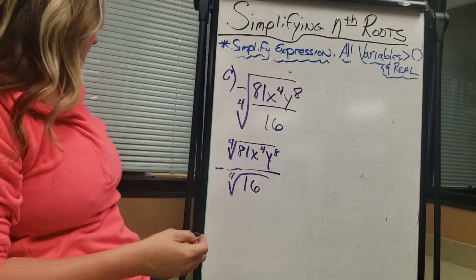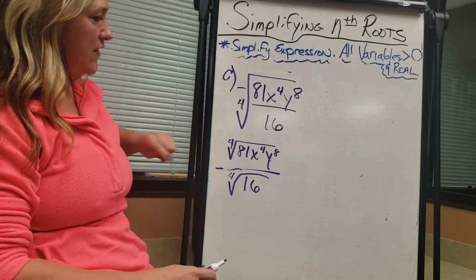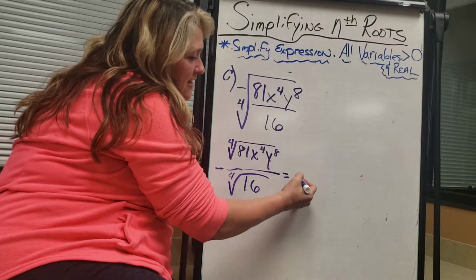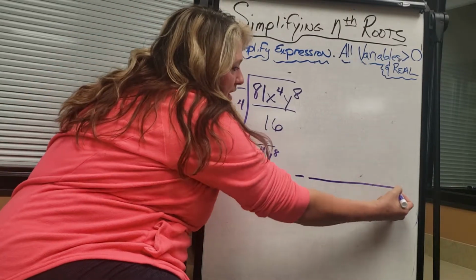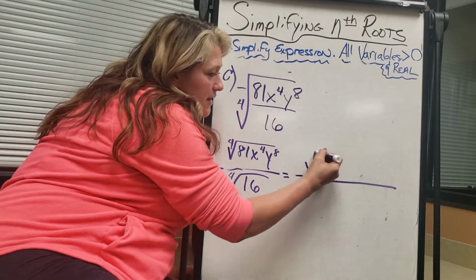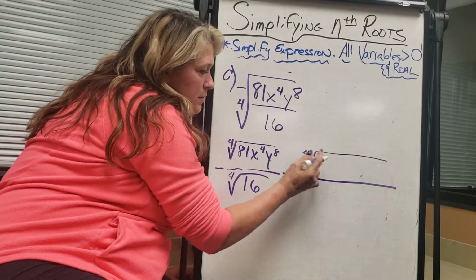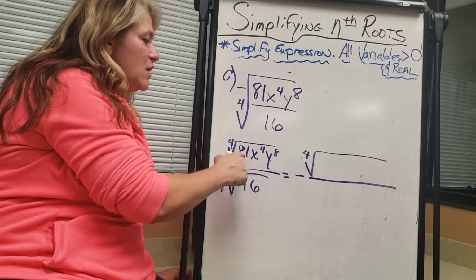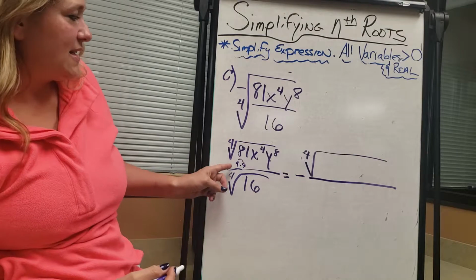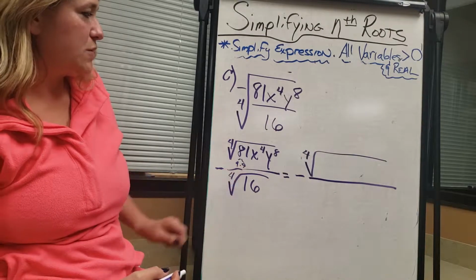So now, let's do the prime factorization of 81, all right? This is a 4th root. It's negative, so I'm going to keep that negative. And now, under this root, I'm going to rewrite it. Again, 4th root, don't leave that behind. 81 is 9 times 9, and 9 is 3 times 3, and the other 9 is 3 times 3.